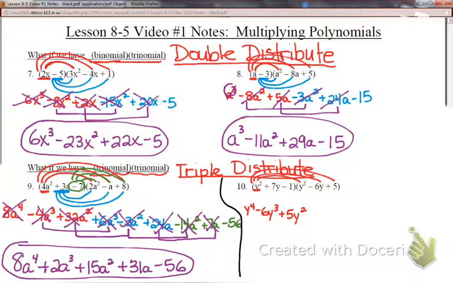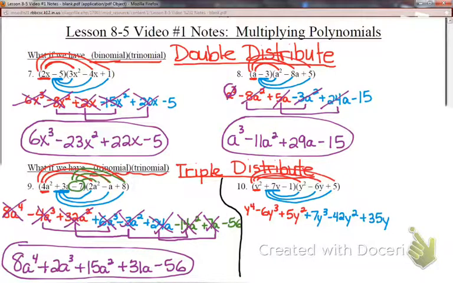Now we move on to the next term, which is 7y. We're going to distribute. So 7y times y squared would be positive 7y to the third. 7y times negative 6y is negative 42y squared. 7y times positive 5, that would be 35y, so plus 35y.